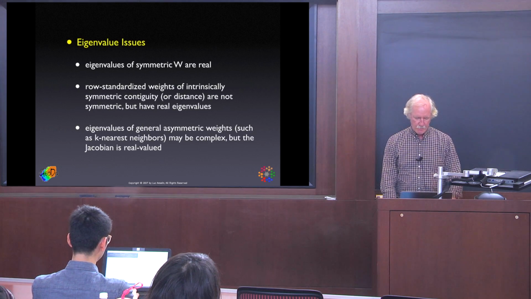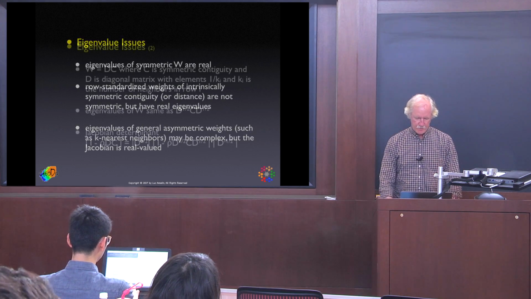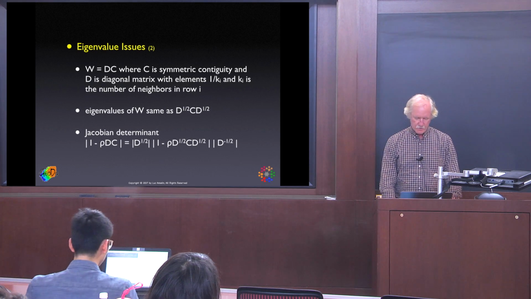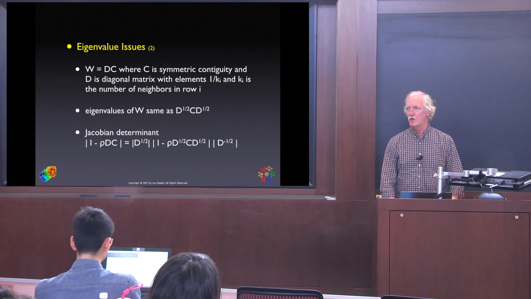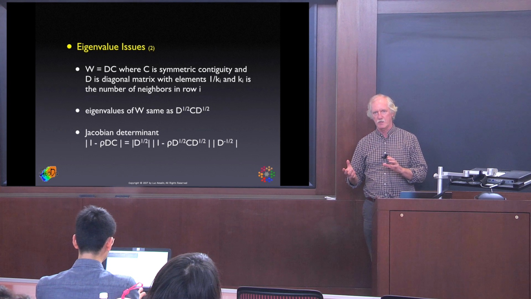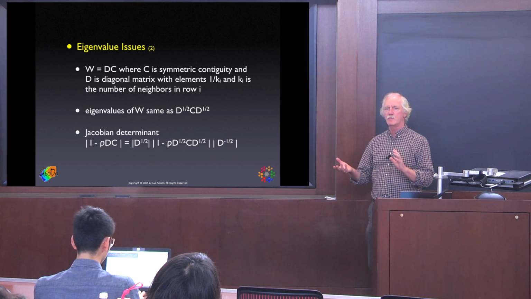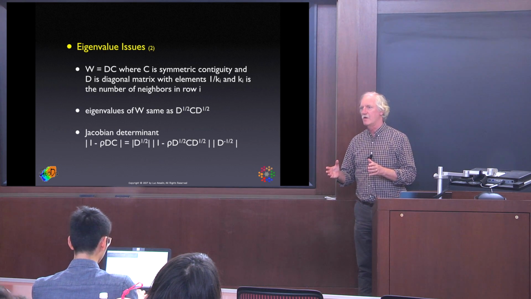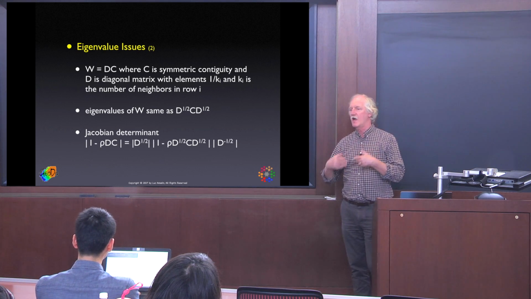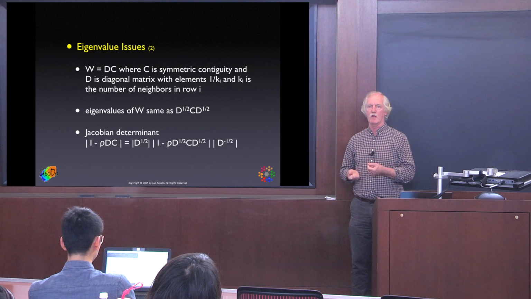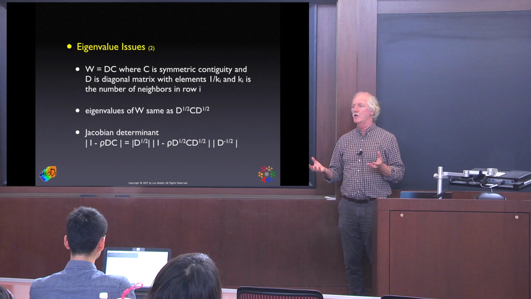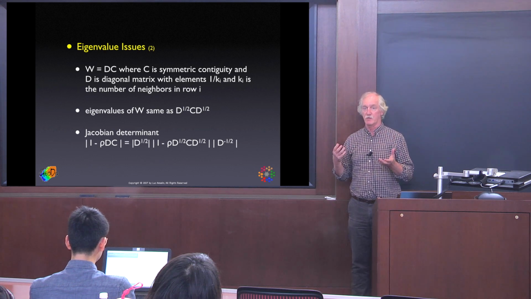So then, I mentioned this. There's all kinds of tricks to trying to save your life. It's really complicated to do eigenvalues of asymmetric matrices. So a row standardized weight matrix is not symmetric. Even though, I mean, this is linear algebra, right? The eigenvalues of a symmetric matrix are all real. The eigenvalues of a general asymmetric matrix may be complex numbers.